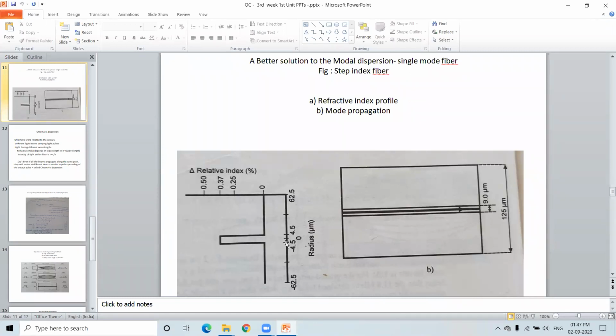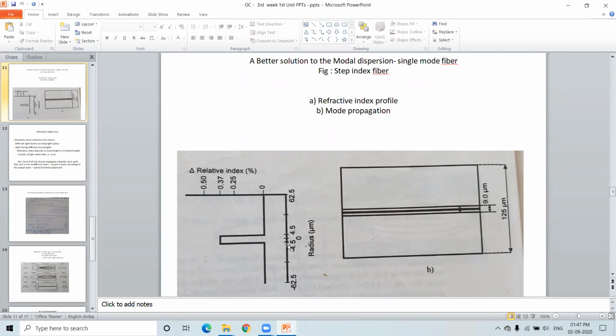It is also very difficult to consider the launching angle, which actually defines the numerical aperture. Numerical aperture also plays a vital role here. Therefore, we have to design the optical fiber very carefully and get this single mode optical fiber.